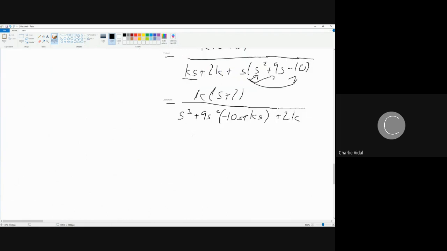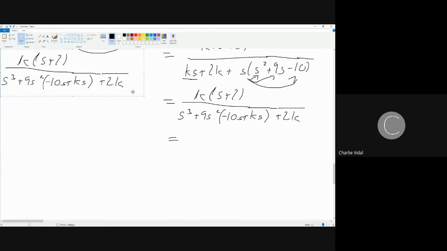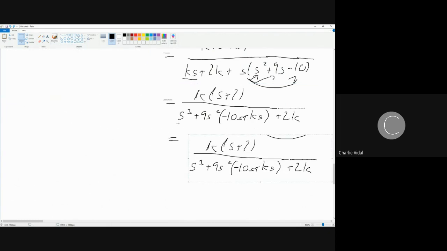And then one last thing we can do is, actually, what I could do is select this, bring it down. The last thing that we have to do is make this look a little bit nicer.